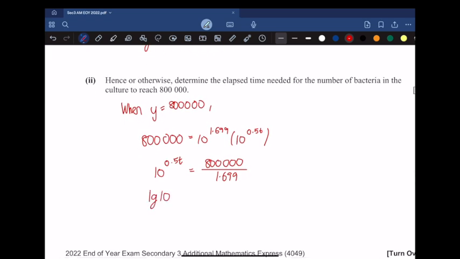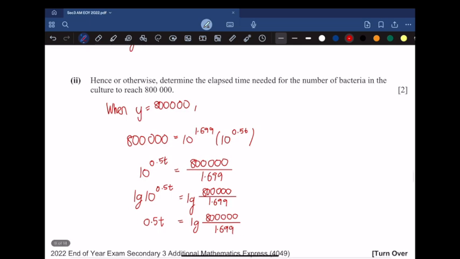I can take simply log base 10. Then I can bring down the 0.5 t, and log 10 is simply equal to 1. So 0.5 t is equal to log of 800,000 over 1.699.